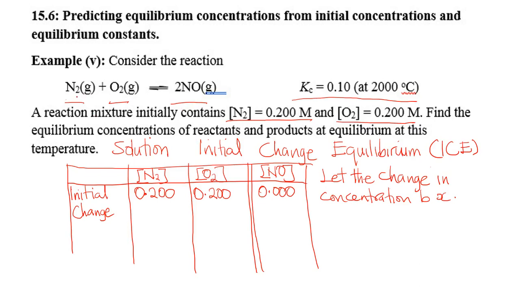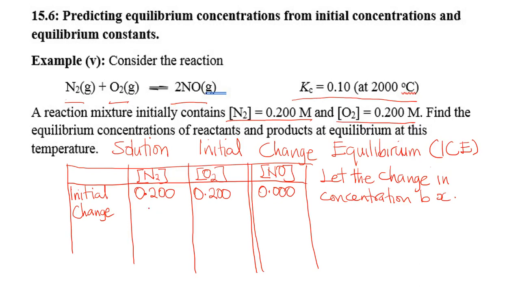This nitrogen is going to lose a certain amount of its moles to give the product. The same thing with this oxygen, it is going to lose a certain amount of moles to get to the product. So it will lose some concentration to get to the final concentration.